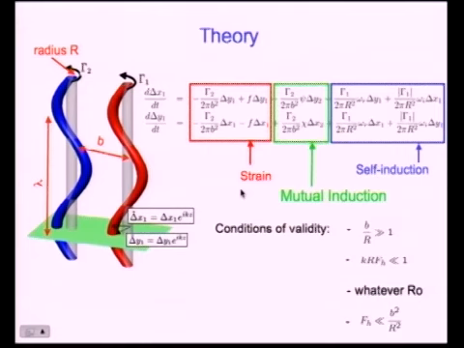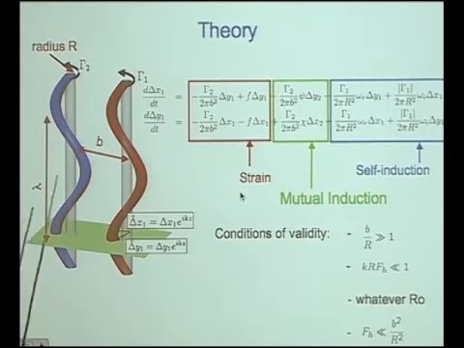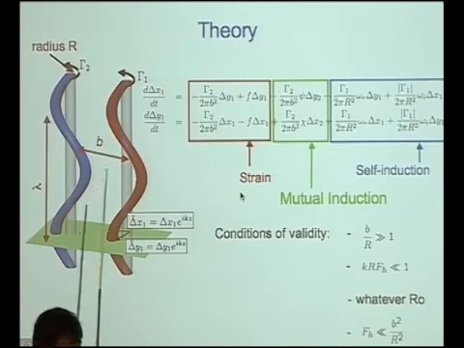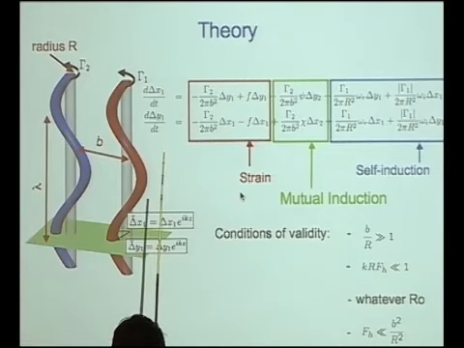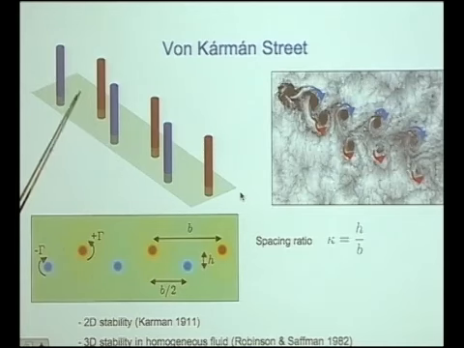They are valid whatever the Rossby number, and in this range of Froude number. This range is quite large because the parameter b over R squared is large. With this equation, we have been able to predict the zigzag instability of vortex pairs.